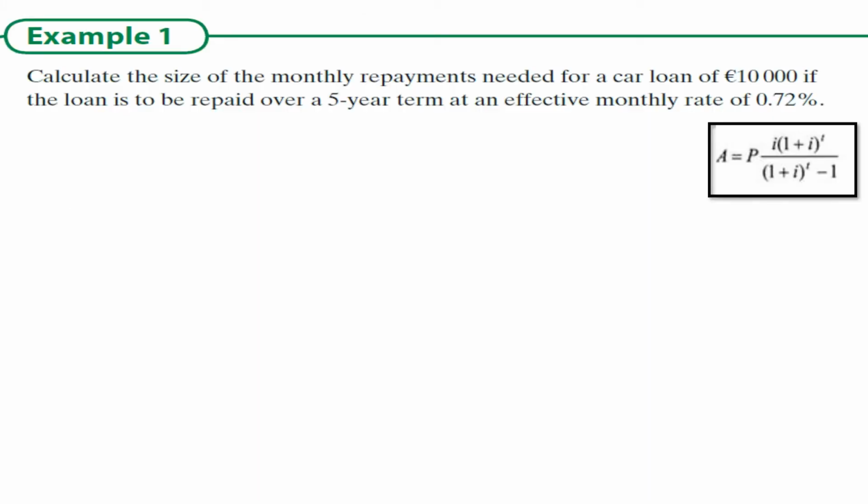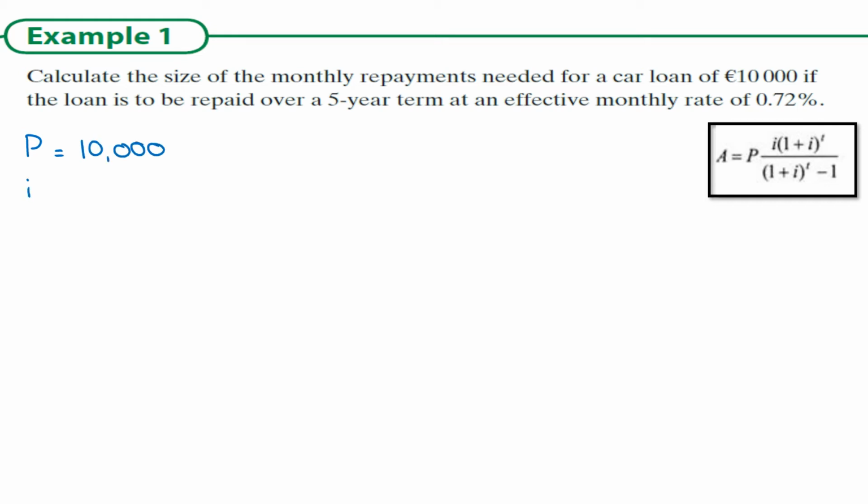So let's look at an example. Calculate the size of the monthly repayments needed for a car loan of 10,000 if the loan is to be repaid over a 5-year term at an effective monthly rate of 0.72%. Okay, so we need to understand first P, the principal of the loan, and that's 10,000.